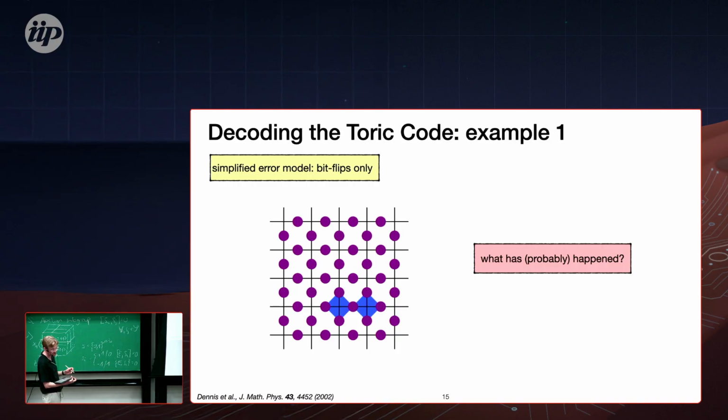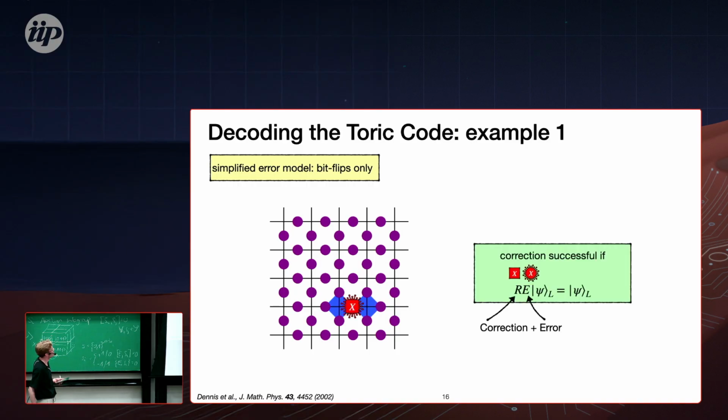So the error that has probably happened is always next to, yeah, every error will always flip the adjacent syndrome bits, and therefore it will probably be here in the middle. Now we will be successful if the correction plus the error has no action on the code space. So in this case, we found the correct error, and we will annihilate it, and we will be in the same logical state.